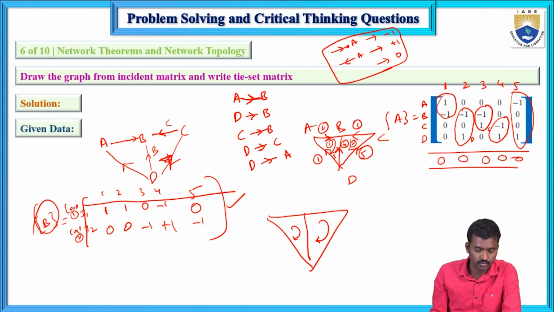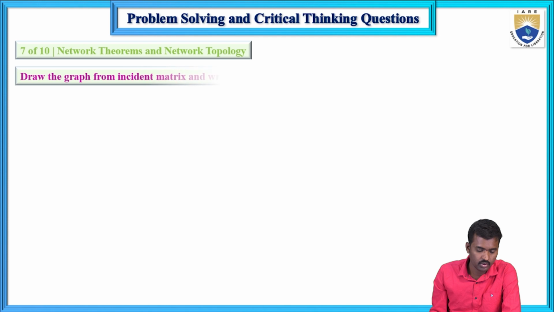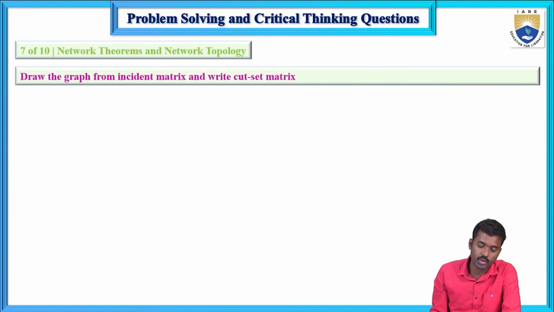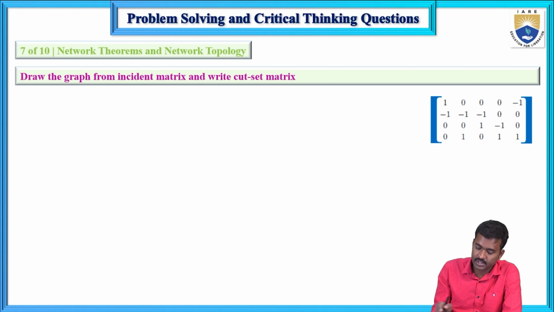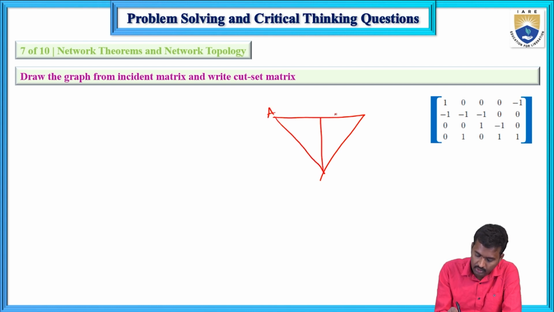Next, draw the graph from the incident matrix and write the cut set matrix. Same thing. A, B, C, D, A, B, C, D, 1, 2, 3, 4, 5.